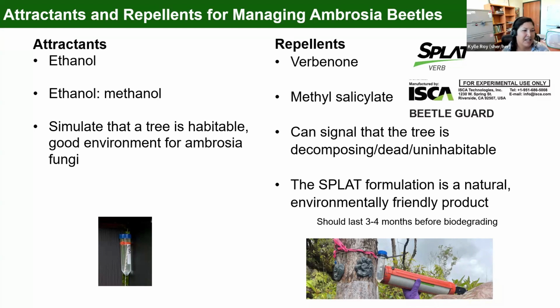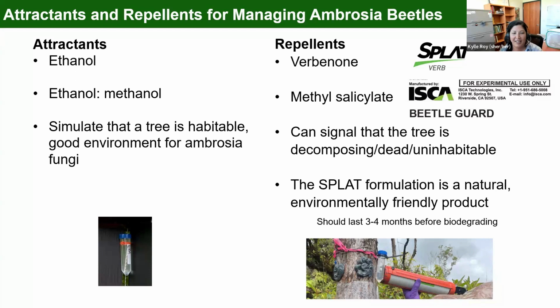Some examples of attractants that can be used for ambrosia beetles include ethanol and different combinations of ethanol and methanol. I've talked about that a lot now: ethanol will simulate that the tree is habitable, and that it's a good place for them to plant their ambrosia fungi. And then you can use semiochemical repellents to repel beetles.